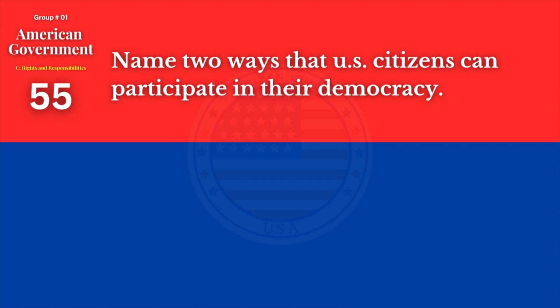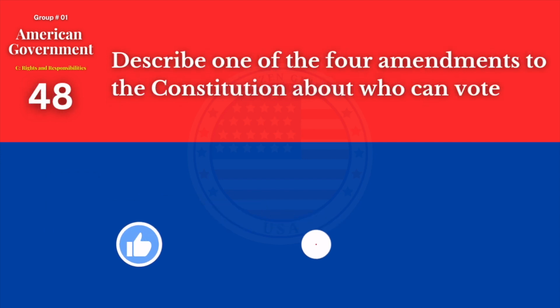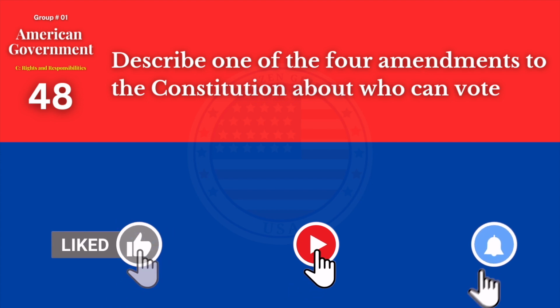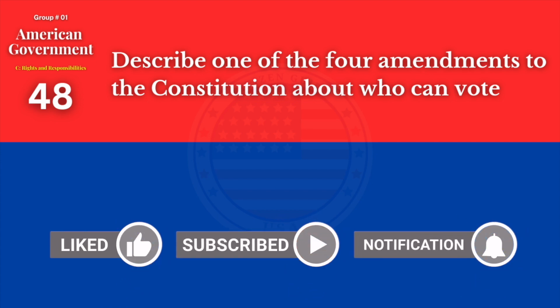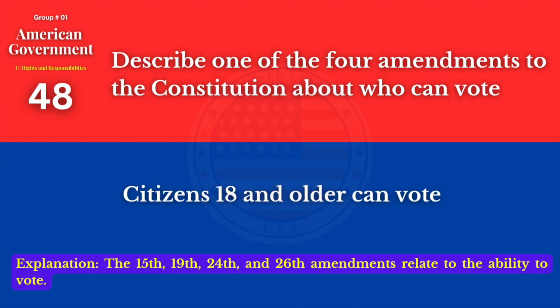Name 2 ways that U.S. citizens can participate in their democracy. Vote, join a political party. Describe one of the 4 amendments to the Constitution about who can vote. Citizens 18 and older can vote.